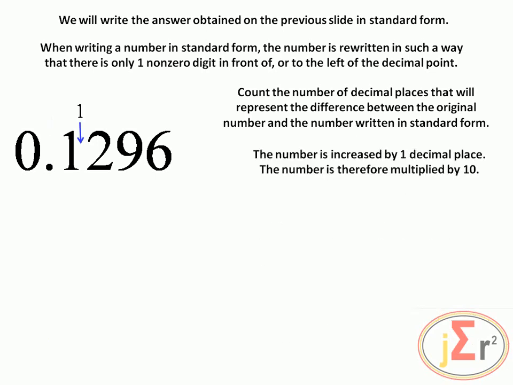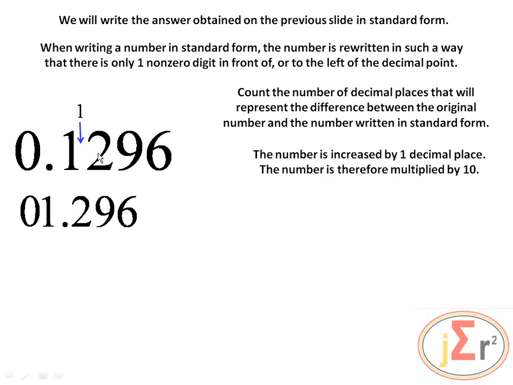The number is increased by 1 decimal place. The number is therefore multiplied by 10. There we have it. Increased by 1 place of decimal. I am sure that we understand that this number is greater than this one.